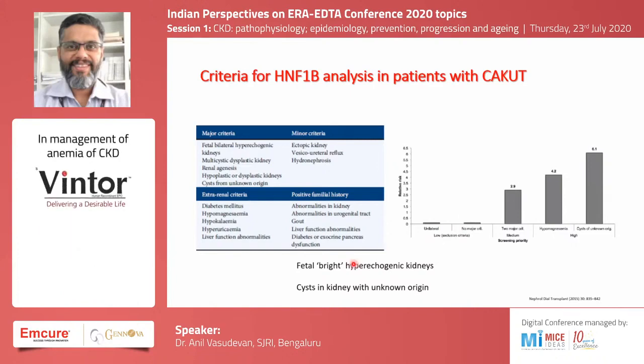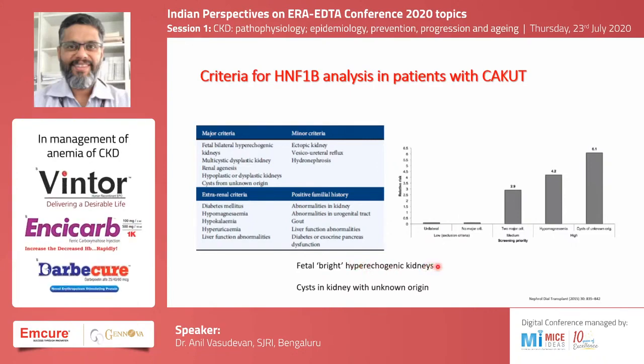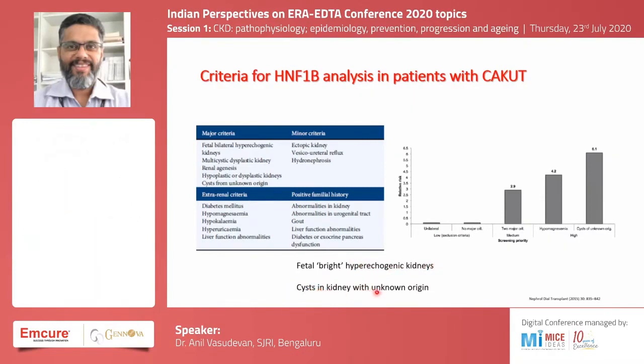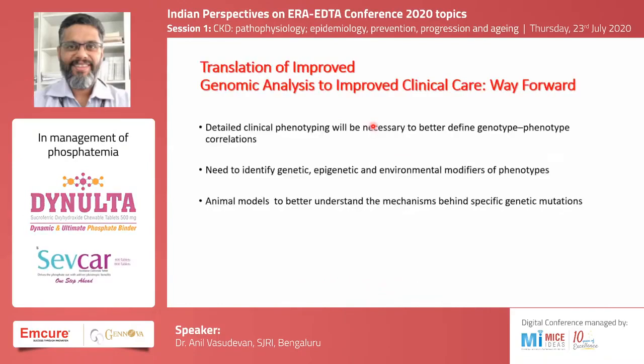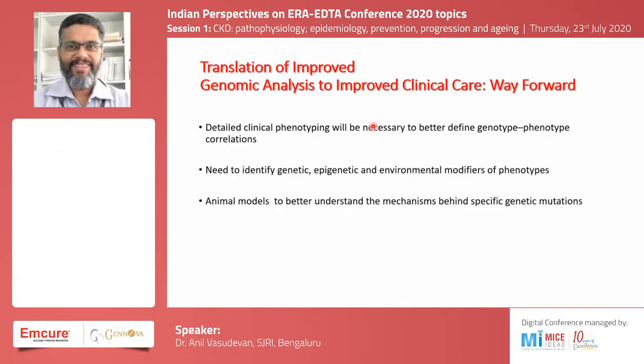So in summary, any fetus with bright hyperechogenic kidneys that are normal in size, or any child or adult who presents with cysts in kidney of unknown origin with a normal kidney size, you should think of a possible HNF1 beta mutation. So how do we now improve upon the current status of genetic testing?